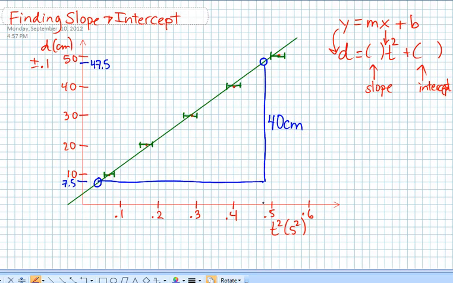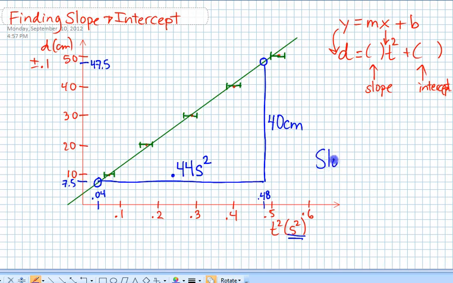Okay, right here this looks like 0.48, and down here this looks like 0.04. Hopefully you can see that every tick mark represents 0.02 on that axis. So this is 0.44 seconds squared. Notice that I have to use the same unit as I have on the axis. Okay?